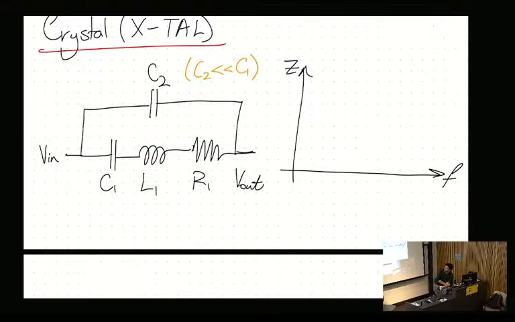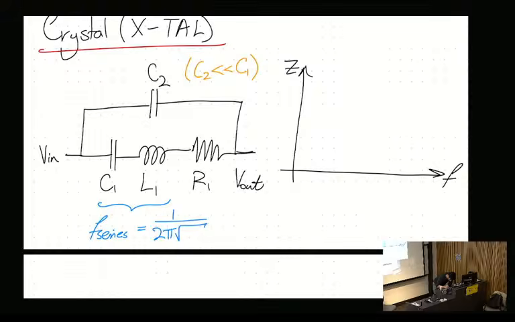So what happens to the impedance as we get closer to resonance? It goes lower. These inductors and capacitors, the phase of them is in such a way that they effectively cancel each other out, so that impedance doesn't exist anymore. So we have a series resonance, F series, that is somewhere here, that dips like that.